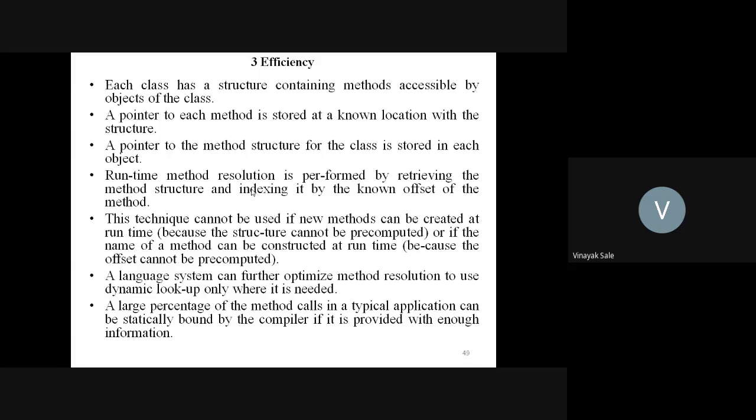The language system can further optimize method resolution to use dynamic lookup only where it is needed. A large percentage of method calls in a typical application can be statically bound by the compiler if it is provided with enough information.